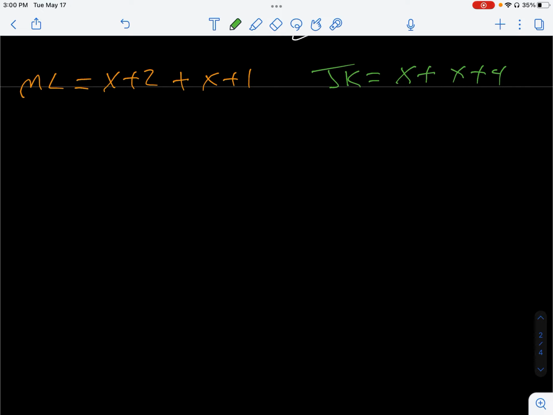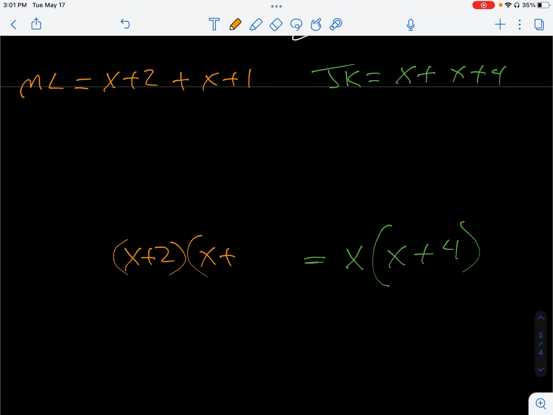And our theorem tells us that x times x plus 4 is going to equal x plus 2 times x plus 1. So now we just have to go through and solve for x.